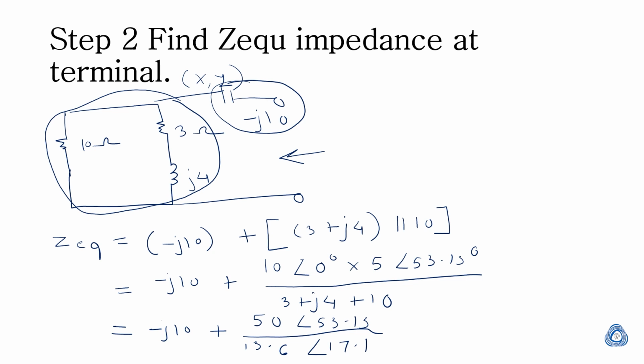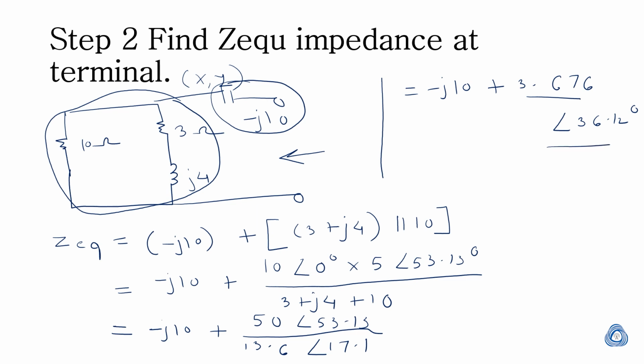We convert this into polar form. So now we are getting minus J10 plus 3.676 angle 36.12 degree. We can directly convert this into rectangular form, and you can perform the addition with minus J10.